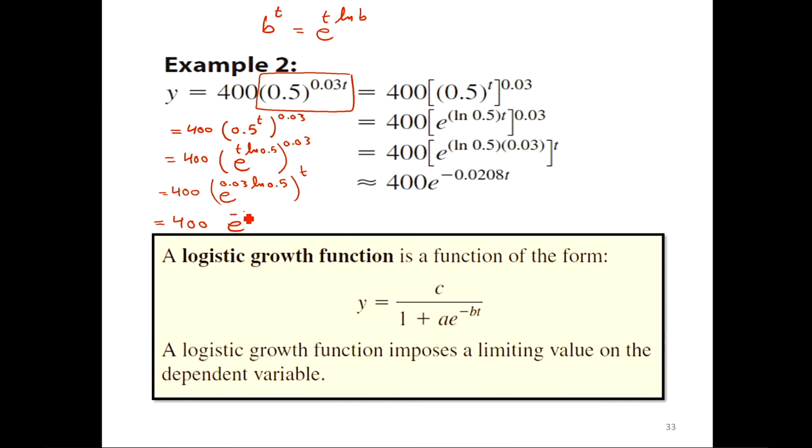We have minus 0.0208 multiplied by t. So we converted y from base 0.5 to base e. If we need to convert to base e, we must use this one.